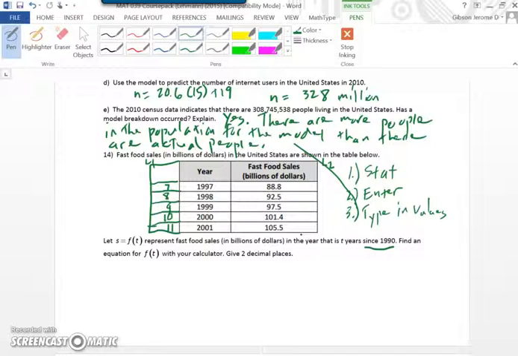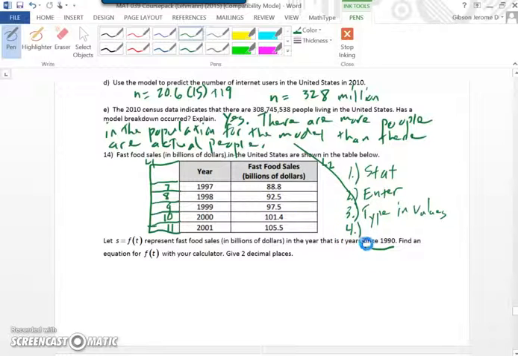And then in L2 you would type in the values that go next to it, like 88.8, 92.5, 97.5, and also 101.4 and 105.5.